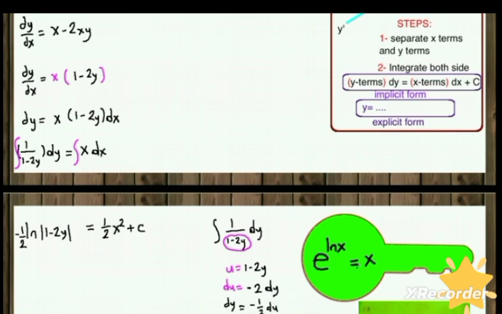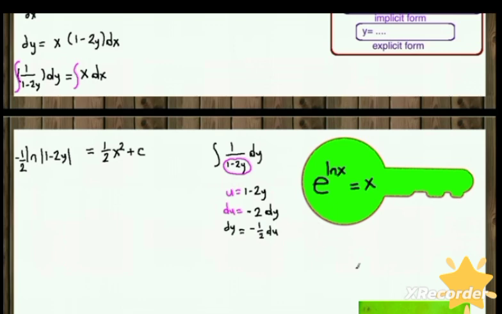Now let's write everything in terms of u. So it's going to be the integral of 1 over u, since 1 minus 2y is our u. Instead of dy, we're going to write negative 1/2 du. You can pull negative 1/2 to the front and keep du here. Integral of 1 over u is ln of u. And we have negative 1/2 in front, ln of u plus c.